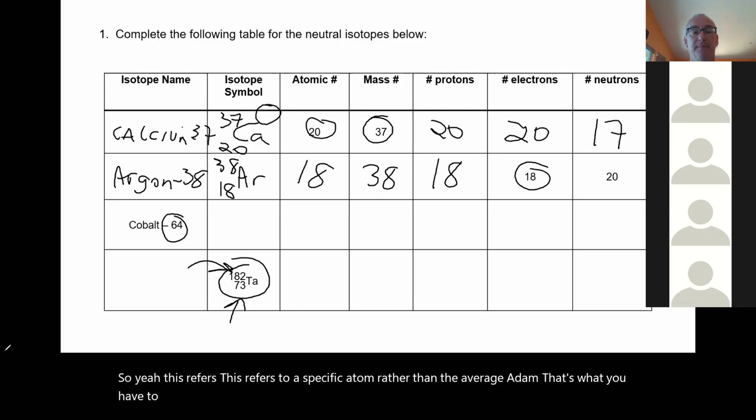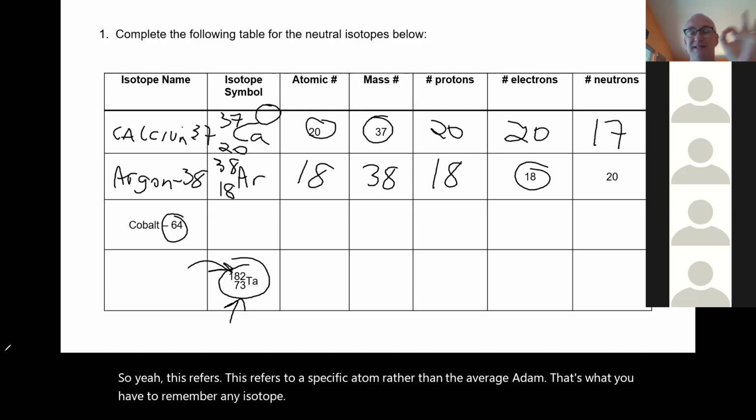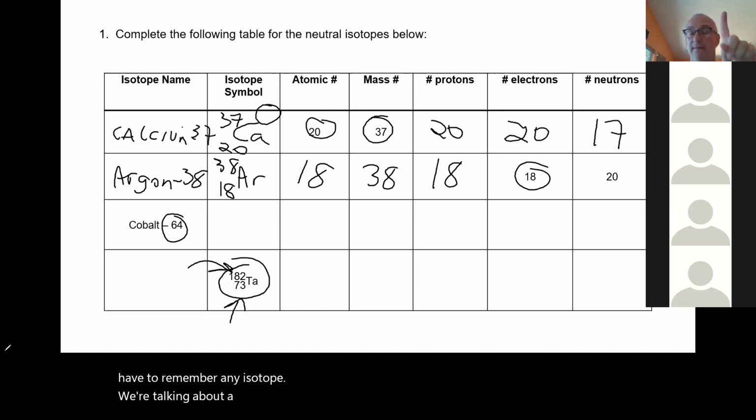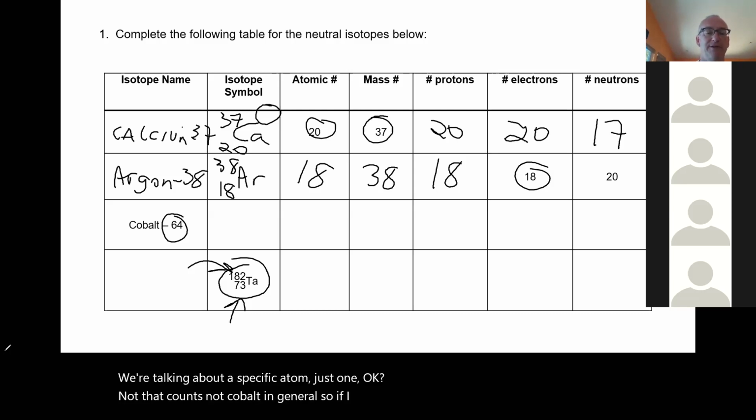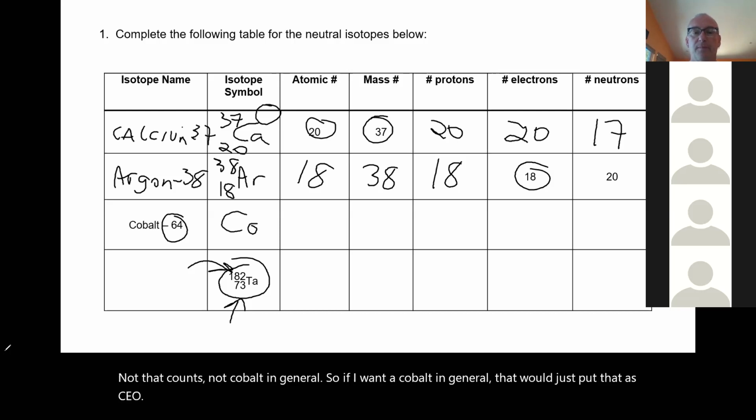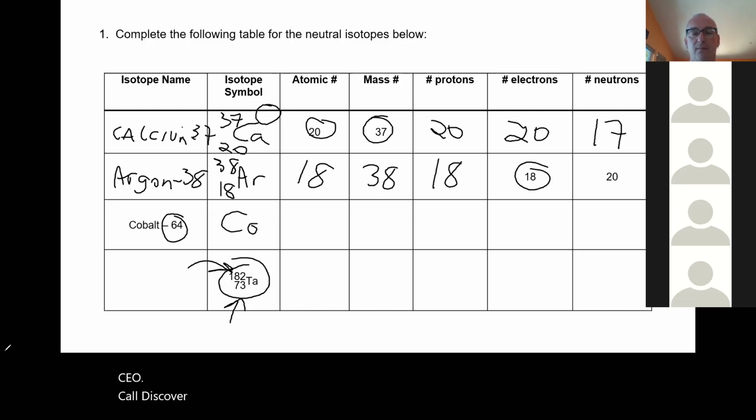Any isotope, we're talking about a specific atom, just one, okay? Not calcium, not cobalt in general. So if I want a cobalt in general, I would just put that as CO. So this cobalt will have the mass of 64, because that's the mass of that one atom of cobalt.